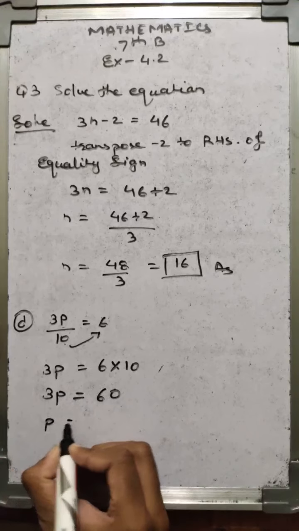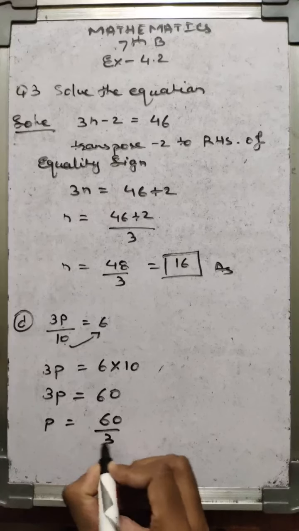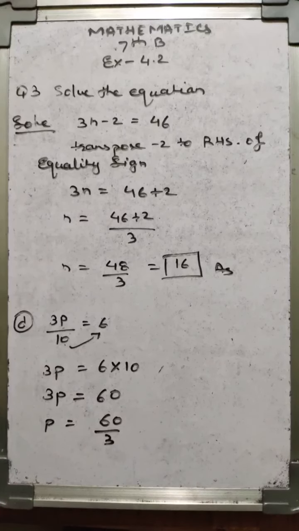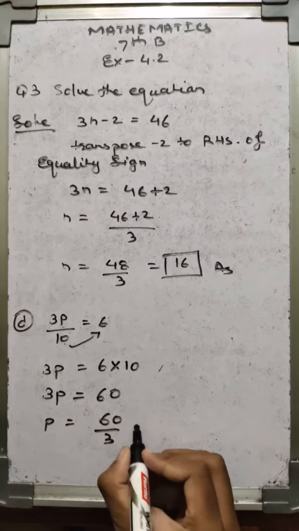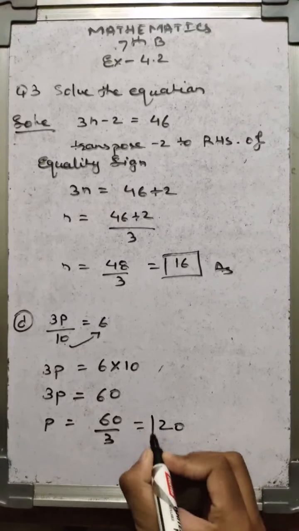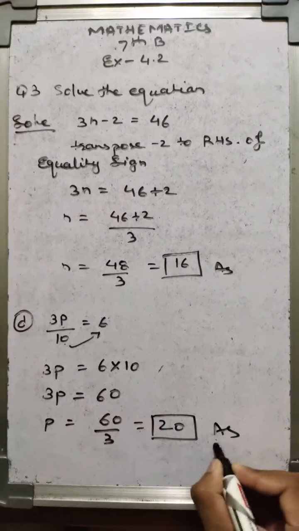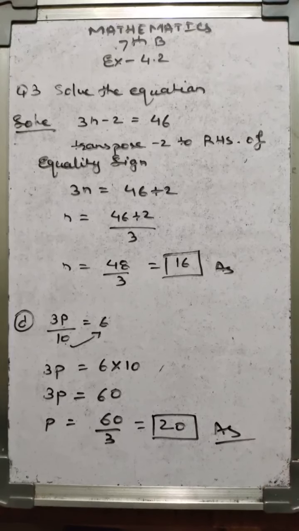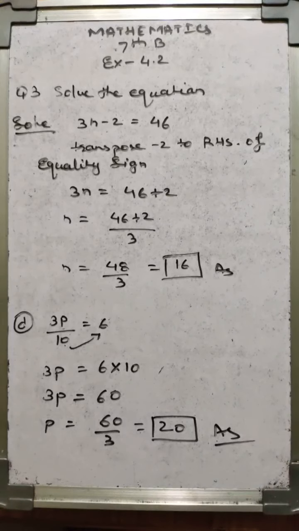Now p will be equal to 60 by 3. This will become 20. So 20 is your answer. I hope you understand how to solve these equations. Multiplication will become division, division will become multiplication, addition will become subtraction, and subtraction will become addition.